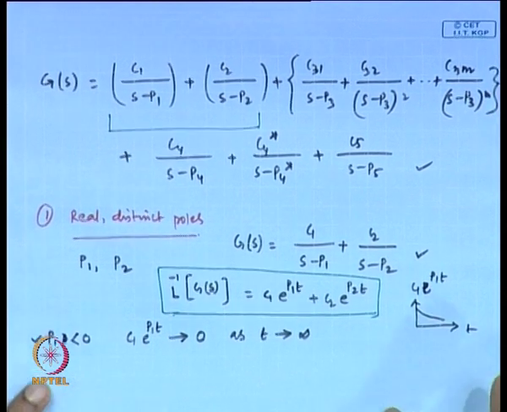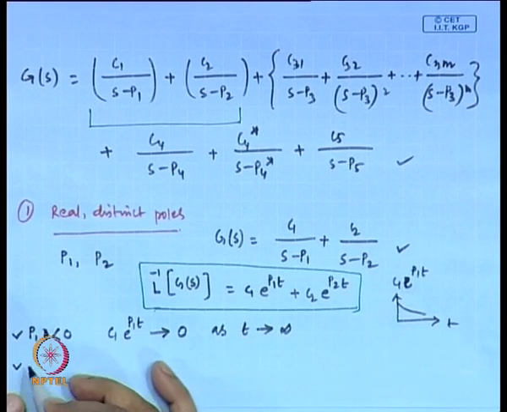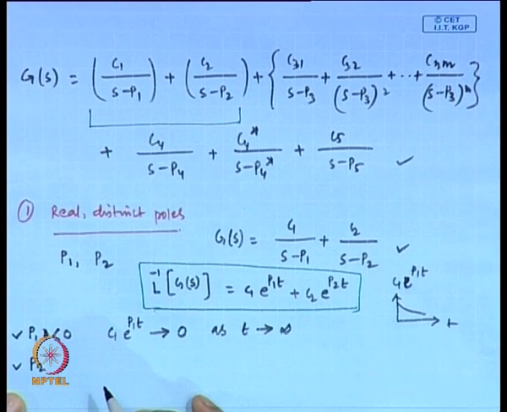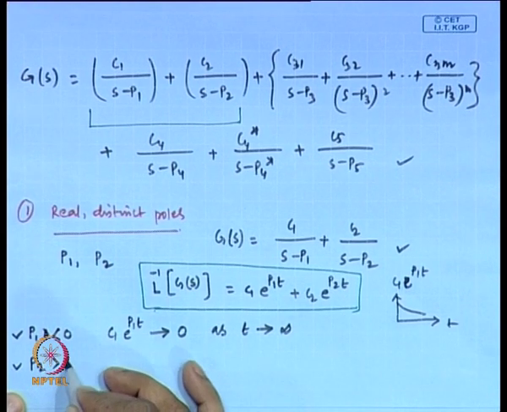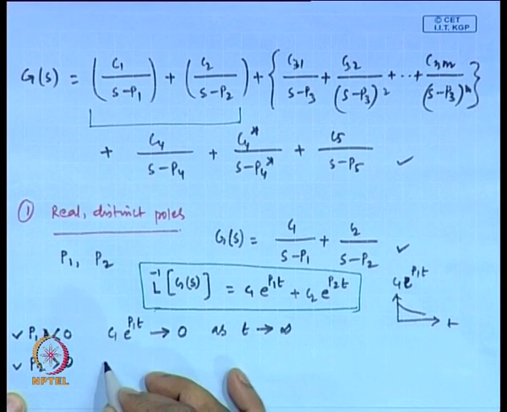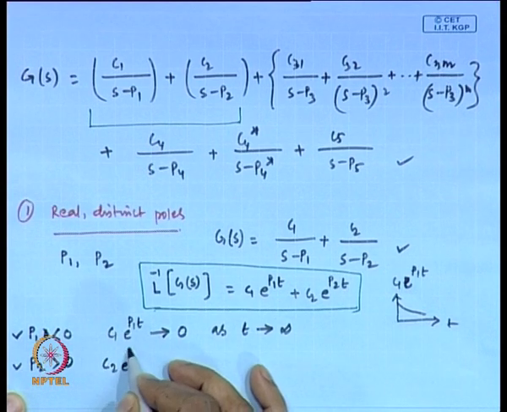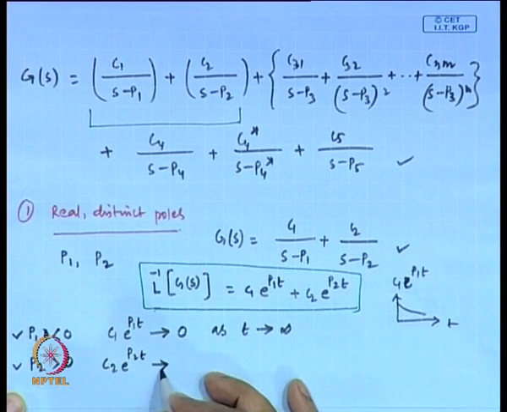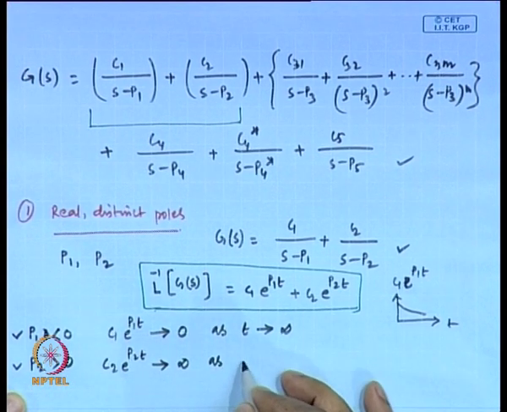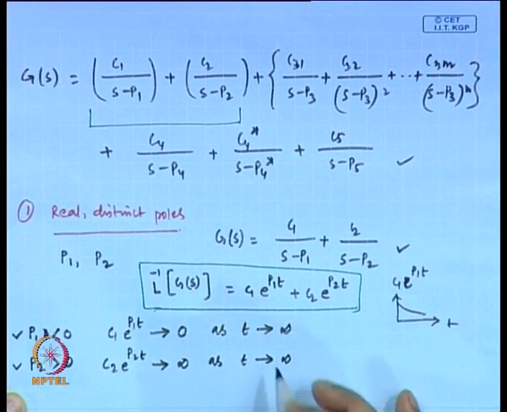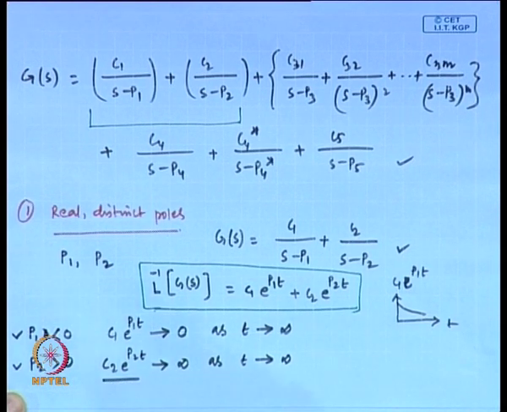In another case, we have considered P2 greater than 0. Then C2 exponential of P2 t tends to infinity as t tends to infinity. Agree? If P2 is greater than 0, then C2 exponential of P2 t grows to infinity as time tends to infinity.